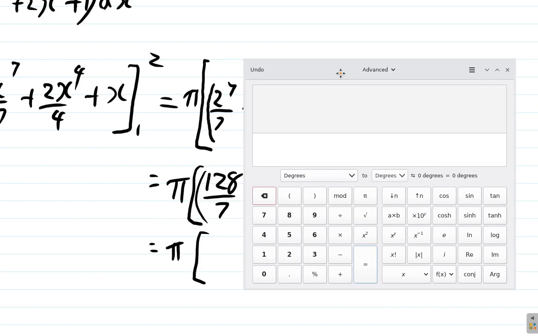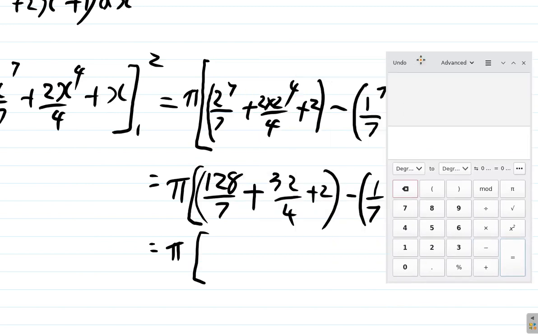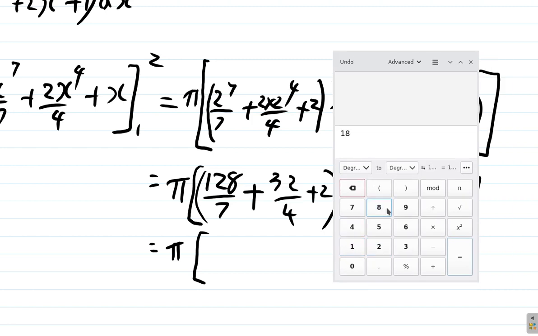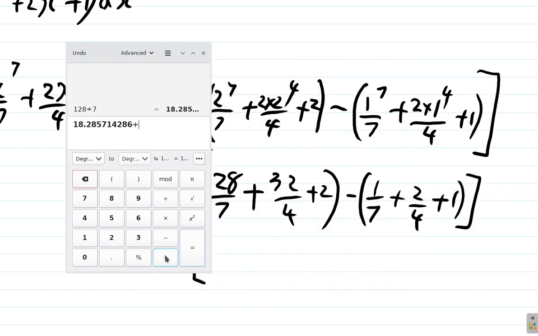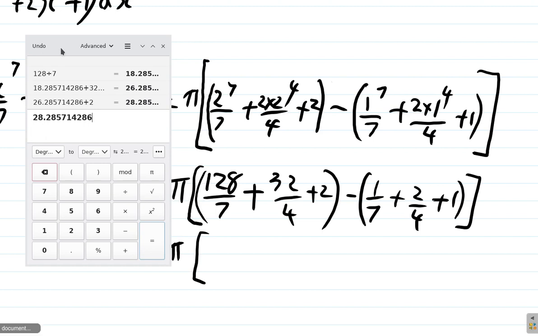So what we have, let me reduce the size of the calculator. 128 over 7 is that, plus 32 over 4 gives us that, plus 2. 28.286.